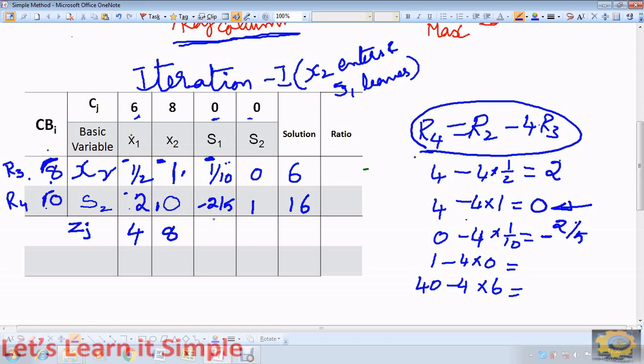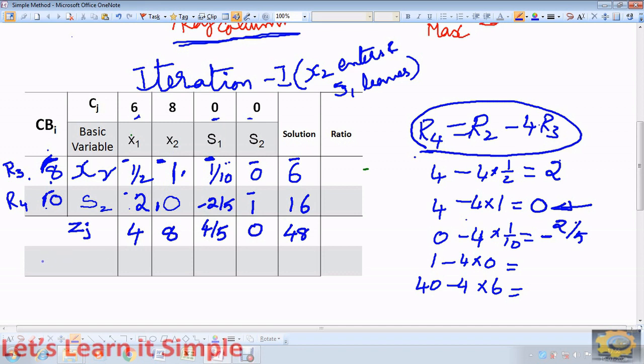So which amounts to 4 by 5 here. Next is 8 into 0 plus 0 into 1, which is 0. And the solution, we have 8 into 6, 48, minus 0 into 16. So it is 48 here.